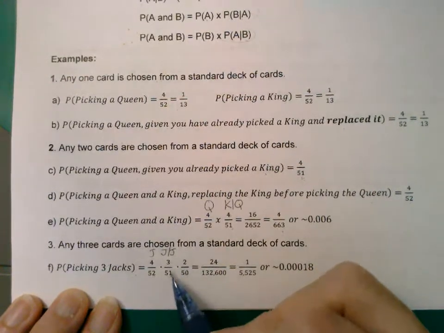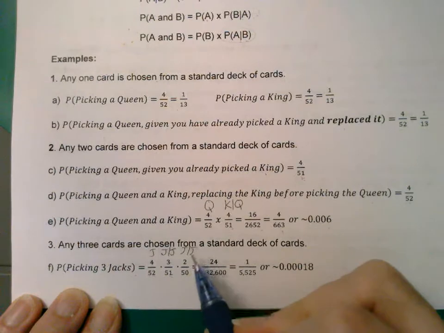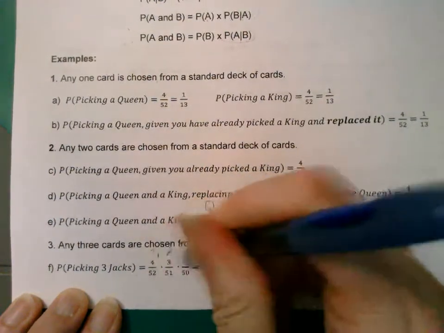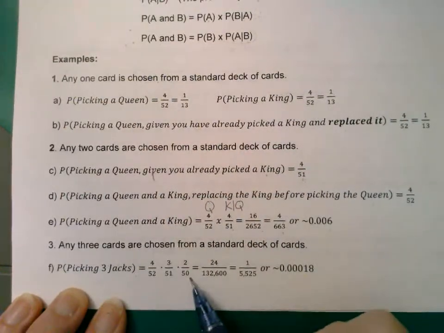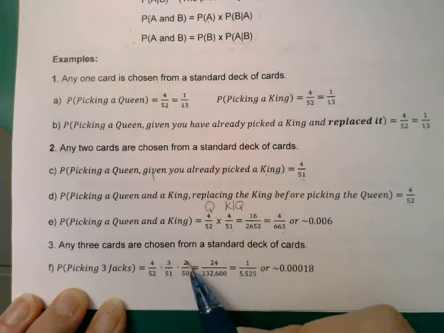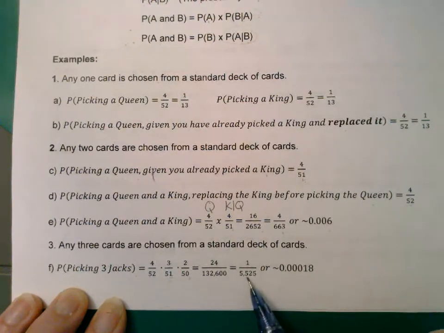So there's 51 cards left and only 3 jacks left. They're not going to ask you for symbols in your homework. They're just going to want to see this math here. For the third, there's 2 jacks missing, so only 2 jacks left, and 2 cards missing, so only 50 cards left. And then we're multiplying all 3 together.